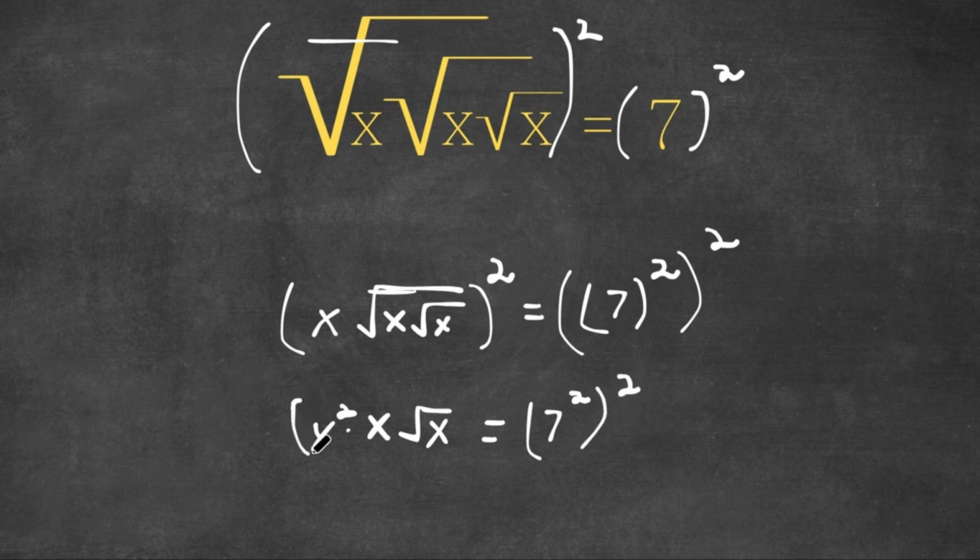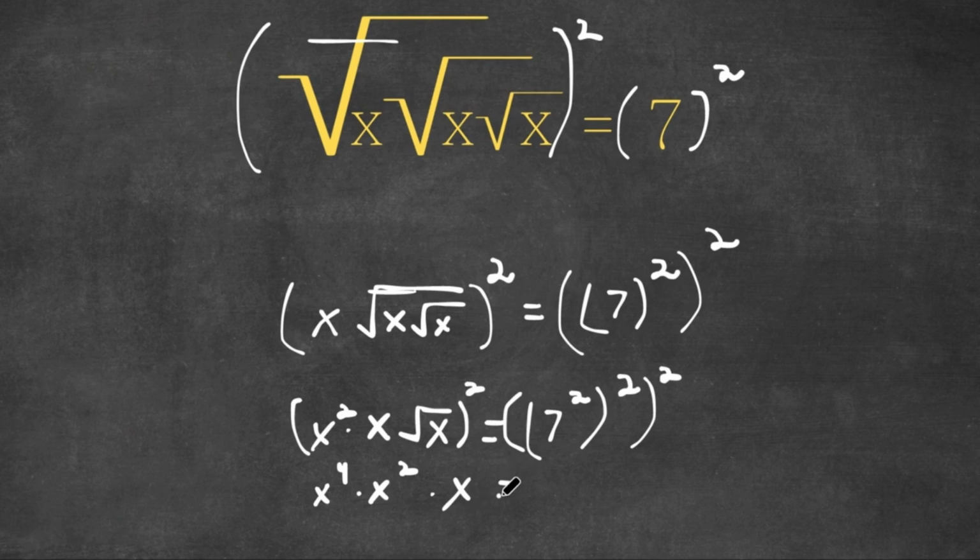Now once again, to cancel out the final square root, I'm going to square both sides. So now we have x to the power of 4 times x squared times x.